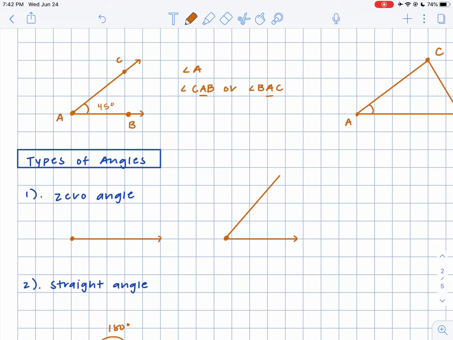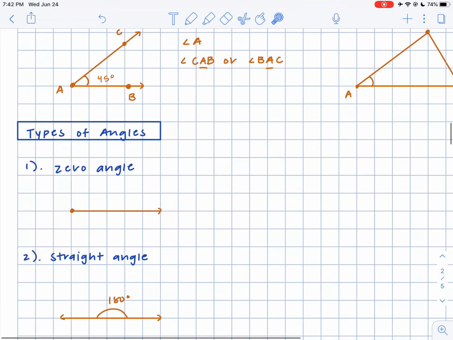But now if we move this, we're just making it smaller and smaller. So it gets smaller than 45, and now let's say it's 10 degrees, now it's 5, and it's getting really, really close, and all of a sudden it's 0. So that's how I would imagine zero angle. And it's important to keep in mind it's a ray, okay?